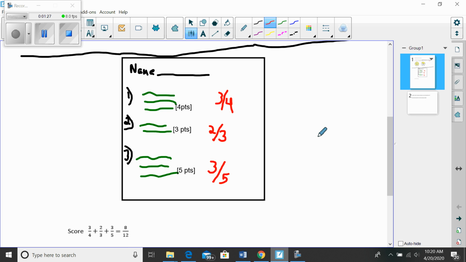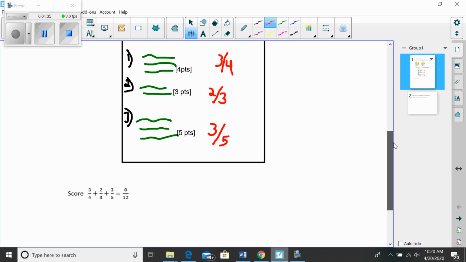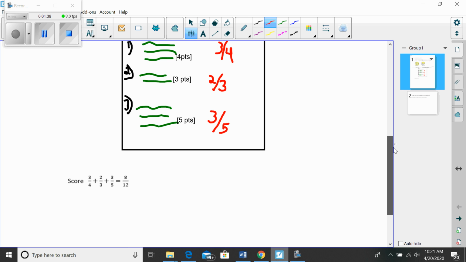We just discussed that if you add fractions, so if you add 3/4, 2/3, and 3/5, you have to get a common denominator. We just learned that in the last clip. However, in this case, when this teacher goes to give you a score, they would add these fractions up like this, and then they would say your final score is 8 out of 12.